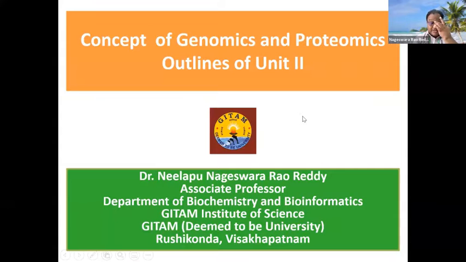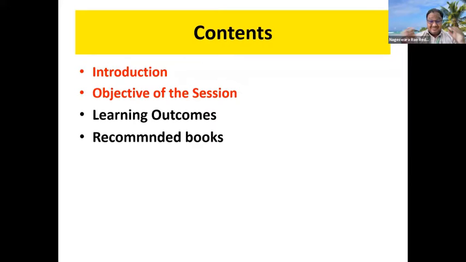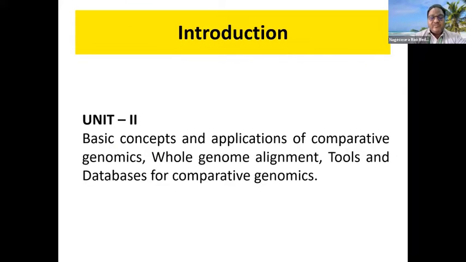So today's topic is outlines of unit 2 of concept of genomics and proteomics. The contents for today's session are introduction, objective of the session, what we'll try to learn in unit 2, and the books which are recommended for unit 2.